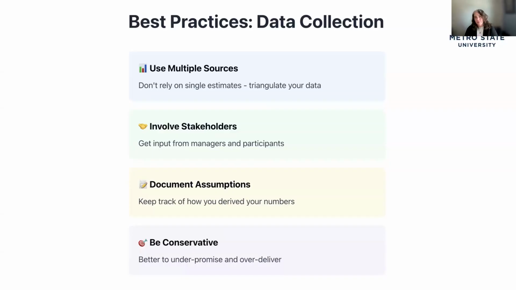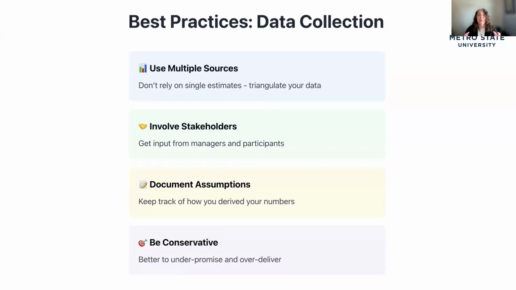So in general, when you're trying to collect data for these things, right? How do I do this? How do I possibly go out and gather this kind of information to be able to determine what my benefits might be for a program that I'm running or a program that I want to build? Well, first of all, don't rely on single estimates.